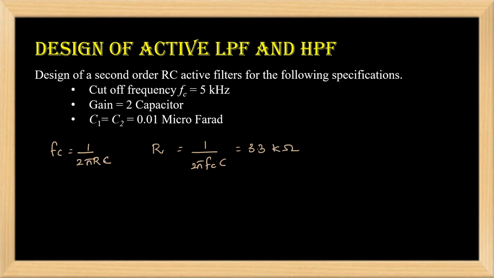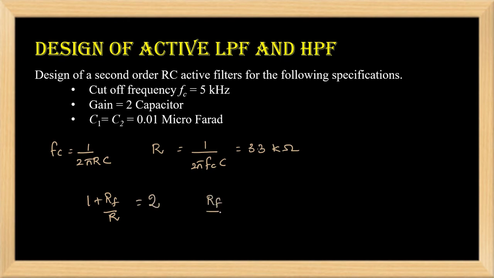Next we have to find out the values of the input resistor and the feedback resistor of the op-amp to be used in the circuit. The given gain is 2. So the gain of the non-inverting op-amp is 1 plus RF by R that is equal to 2.